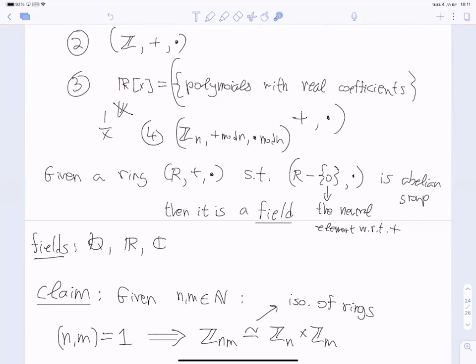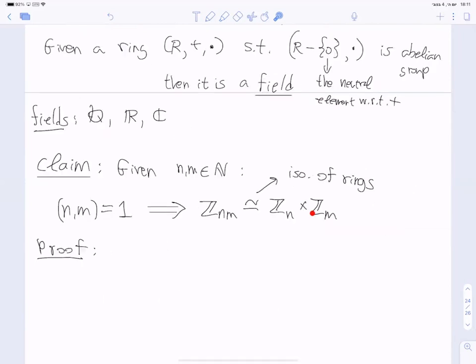Of course, with respect to multiplication, it is not a group, but with respect to plus, it's an abelian group. So it's not only an isomorphism of groups with respect to plus. It's more powerful. It's an isomorphism of rings. What do I mean by isomorphism of rings? I mean that we can find an isomorphism which is both.